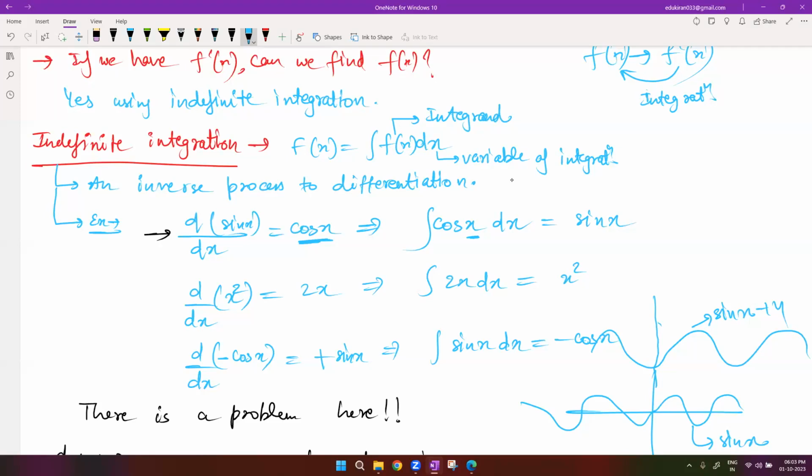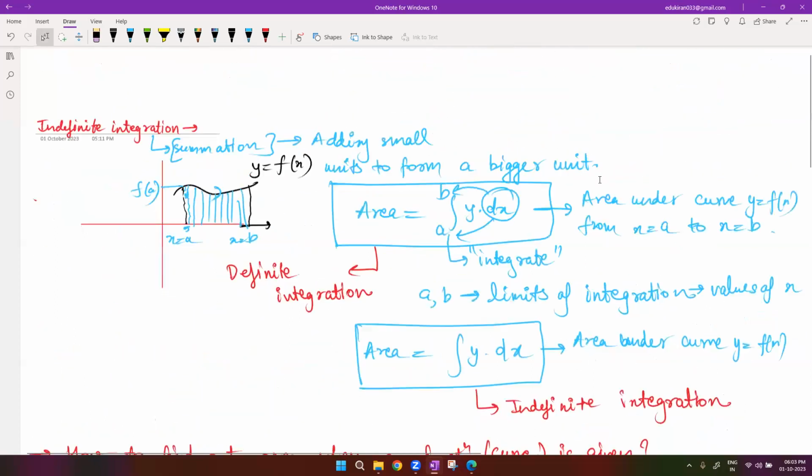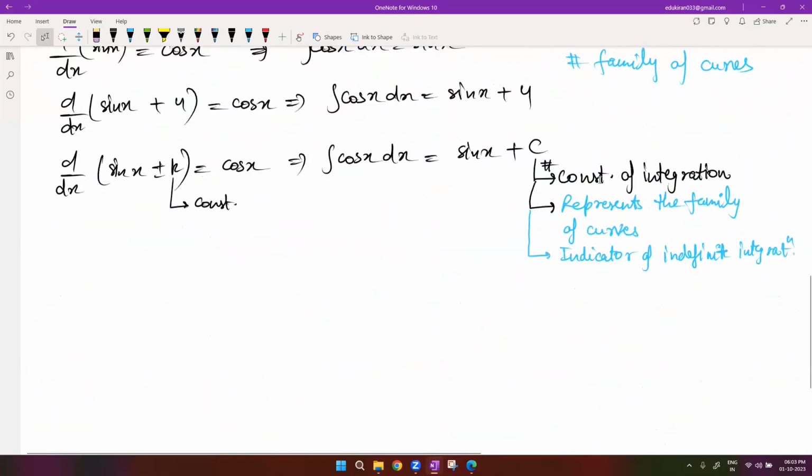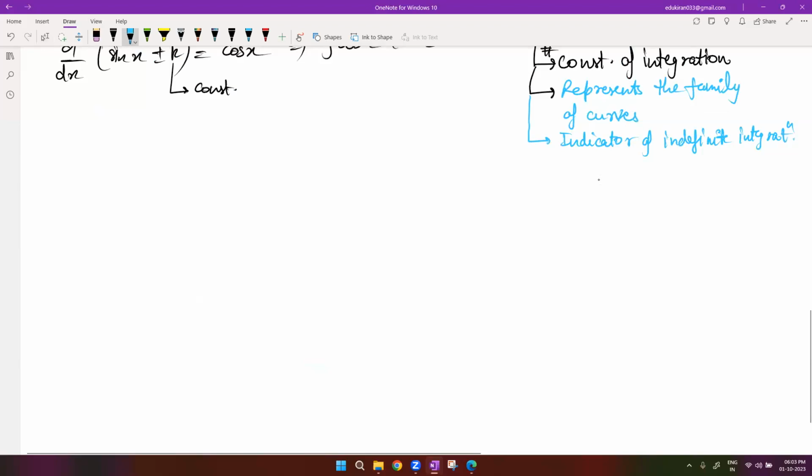Integrand means the function which needs to be integrated. And this capital F(x) is the integrated function, the final output, right? So let's start with basic formulae of integration, which we will try to formulate from derivatives only. So first, let's start with the first.